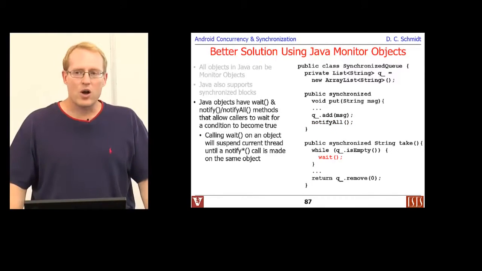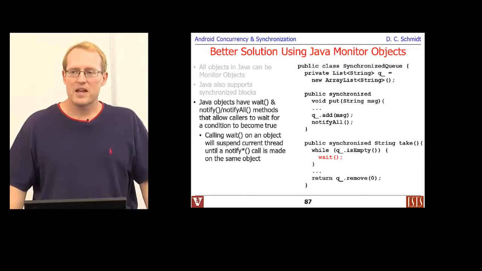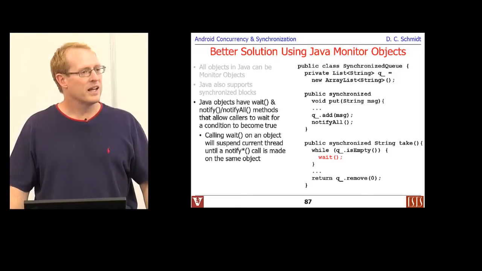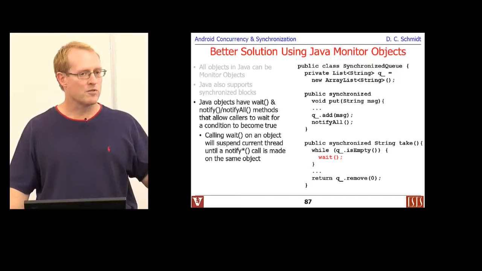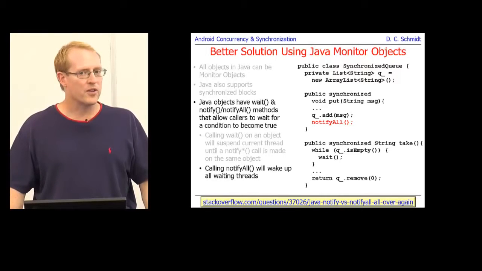So basically, when you call wait on a thread inside of a synchronized block, like we're doing here, that will cause several things to happen, the most important of which, for the moment, is that it's going to put the thread to sleep until it gets notified by some other thread. Calling notify all wakes up all the threads.